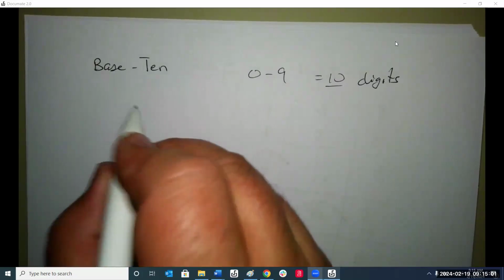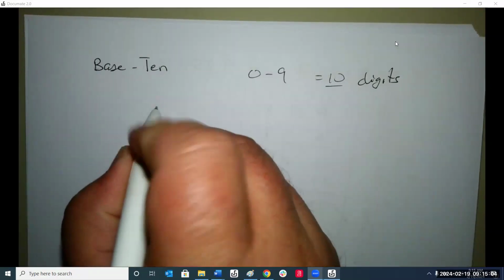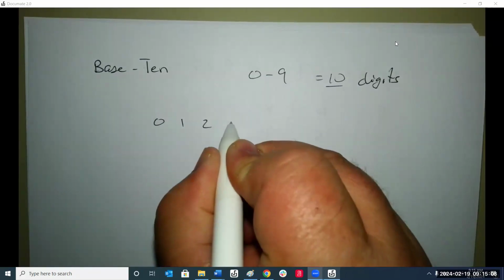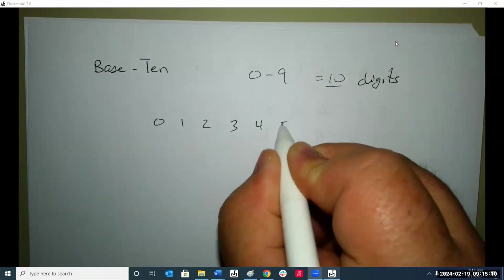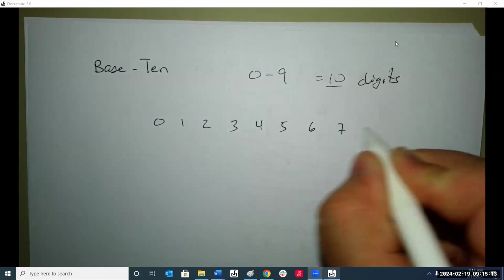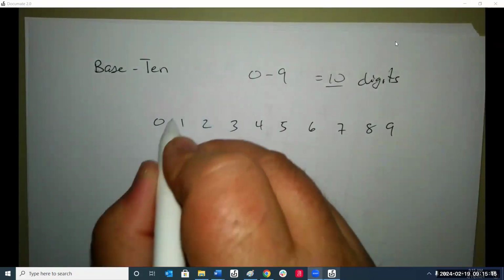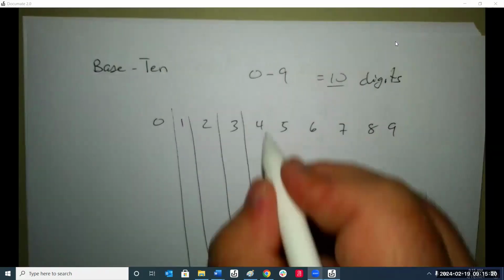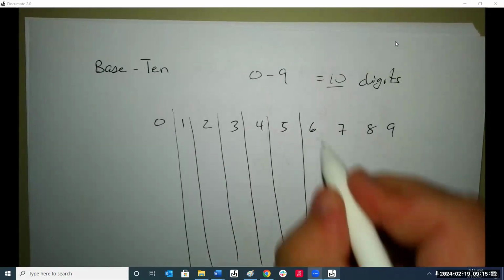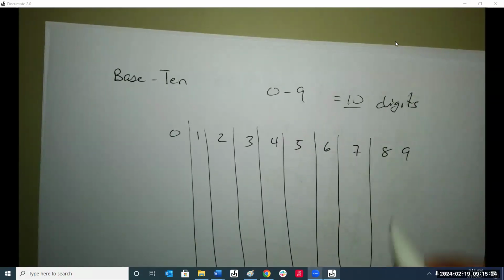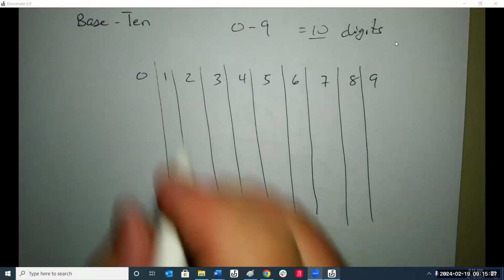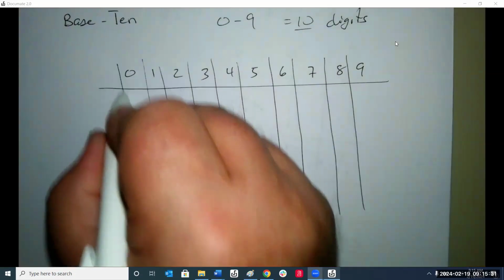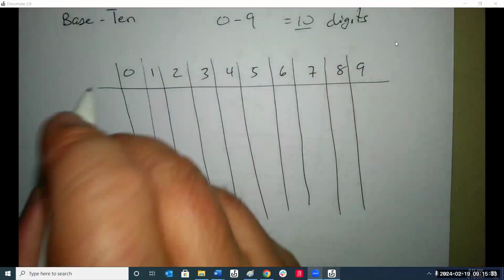All right, so if we look at it, we have our number system going from 0, 1, 2, 3, 4, 5, 6, 7, 8, 9. In other words, what this says is we cannot have a number bigger than 9 or less than 0.